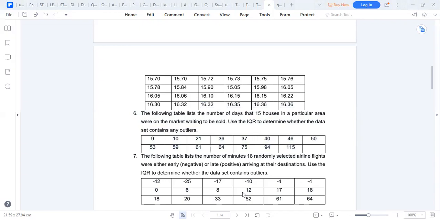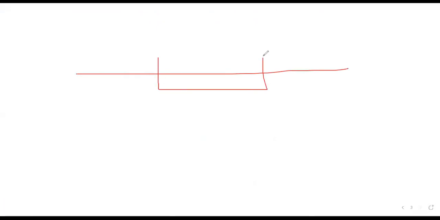So to find the outliers, you need to identify 5 key elements. Number 1, the lowest value of x, which is x min, and the highest value of x, which is x max. Then the quartiles Q1, Q2, and Q3.